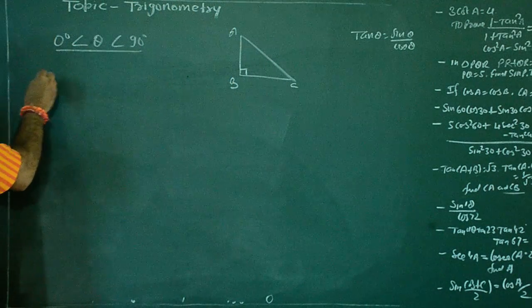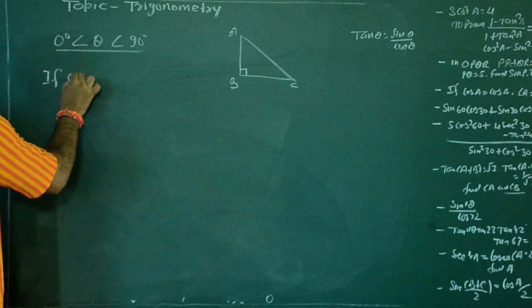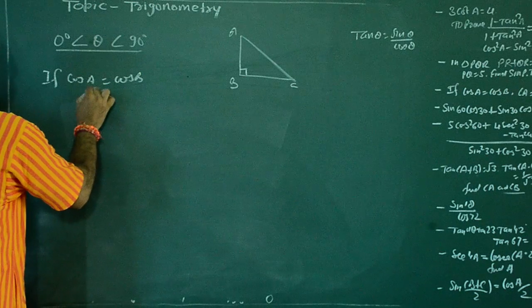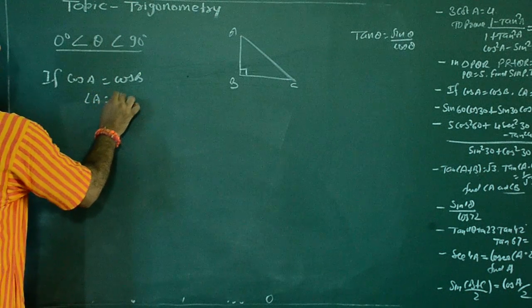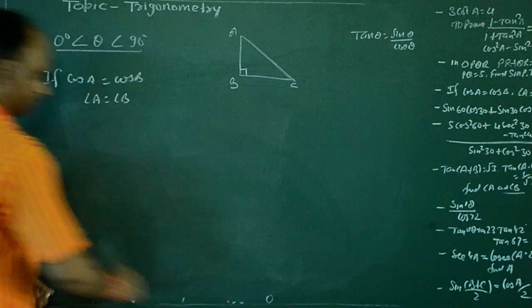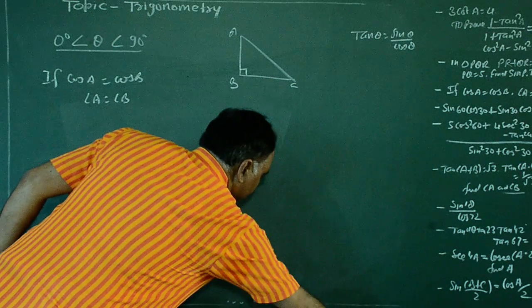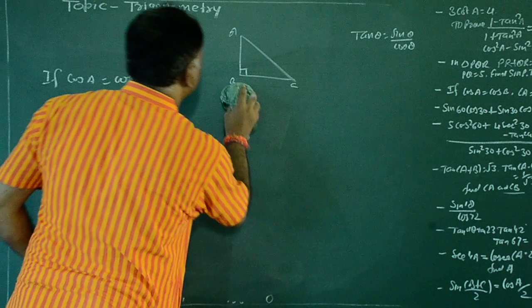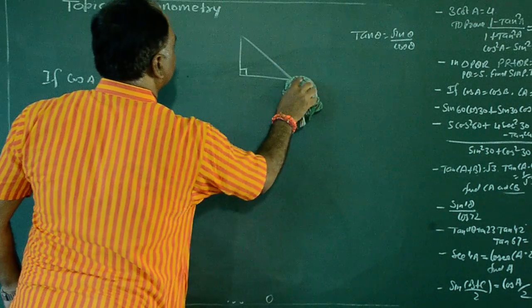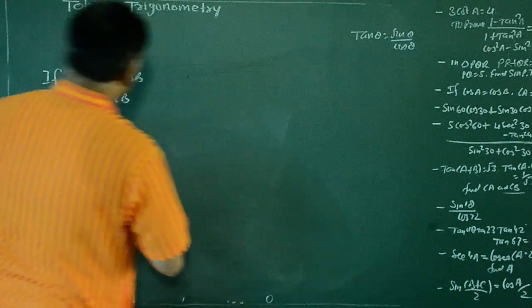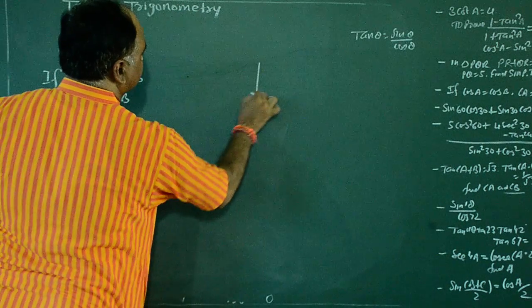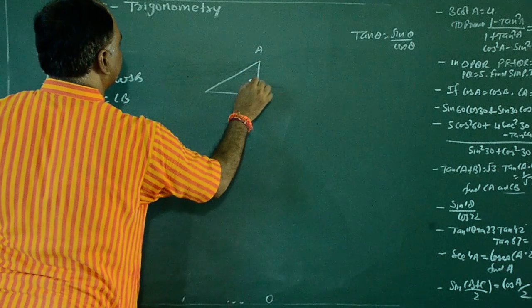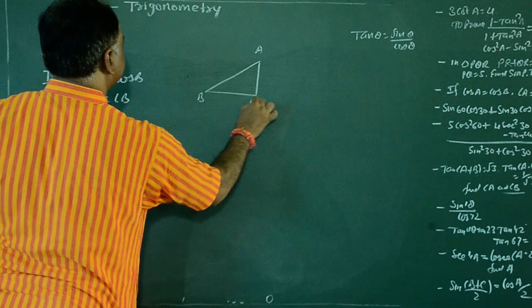First, if cos A equals cos B, then you have to prove angle A equals angle B. For this, first we construct a triangle ABC.